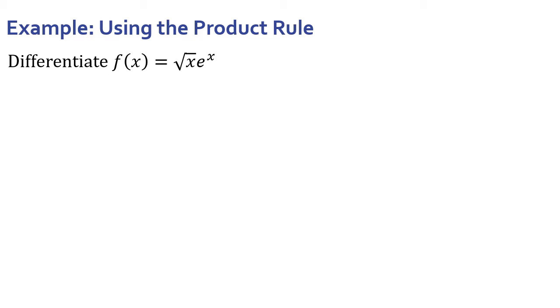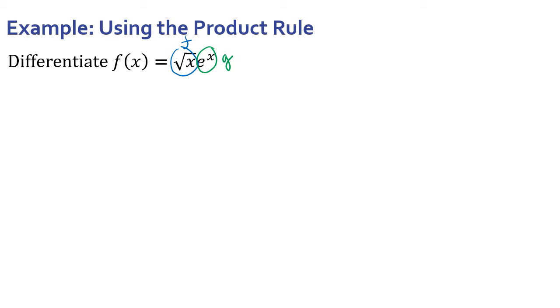Differentiate f of x equals the square root of x times e to the x. So we could treat the square root of x like f of x and e to the x like the second function g of x. Okay, so I have two functions that are getting multiplied together. I don't have a formula for square root of x times e to the x, but I do have a formula to differentiate the square root of x, and I have a formula to differentiate e to the x.